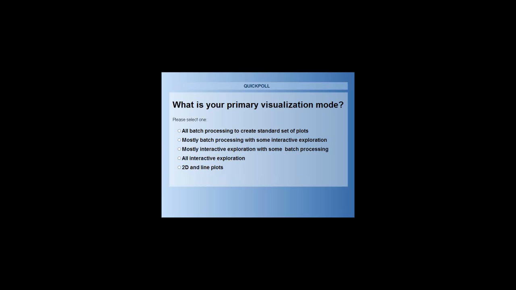Do you mostly do interactive visualization and perhaps some batch processing, but generally not a lot? Or do you do all interactive line plotting as well? I put in the last one, 2D XY line plotting, because in principle, for people doing that type of work, this isn't an issue. Doing line plot batch preparation is probably not a big win. Right. Honestly.